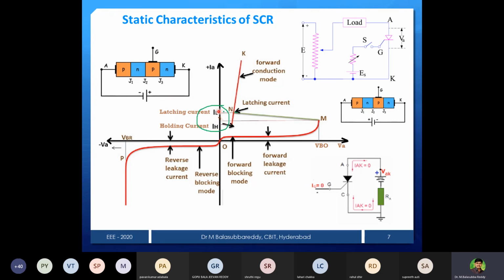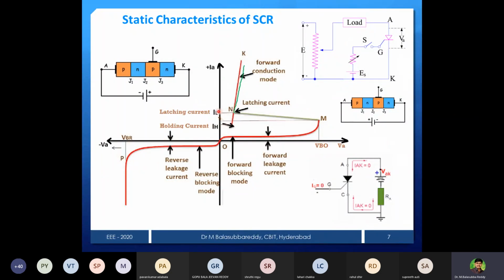This current is the minimum current required to continue in the on state. Otherwise, if the current is less than the latching current, it will go to the off state again. So one term is the latching current. It is the minimum anode current required to maintain the on state. From this point onwards it is increasing.